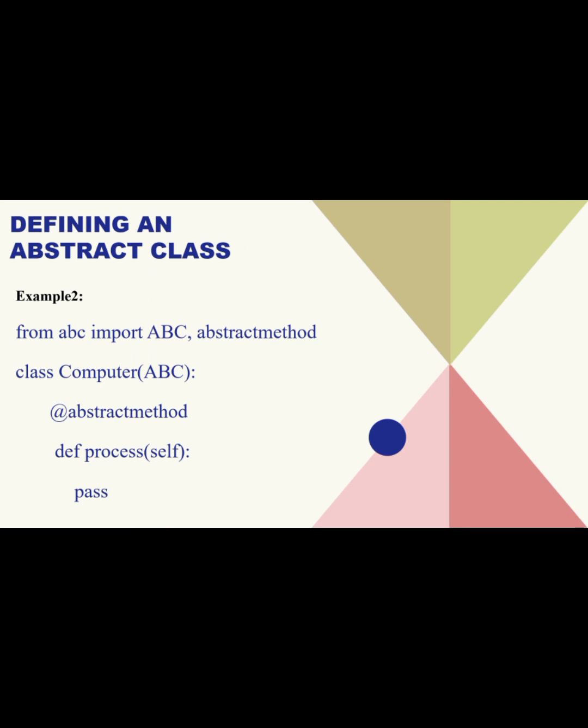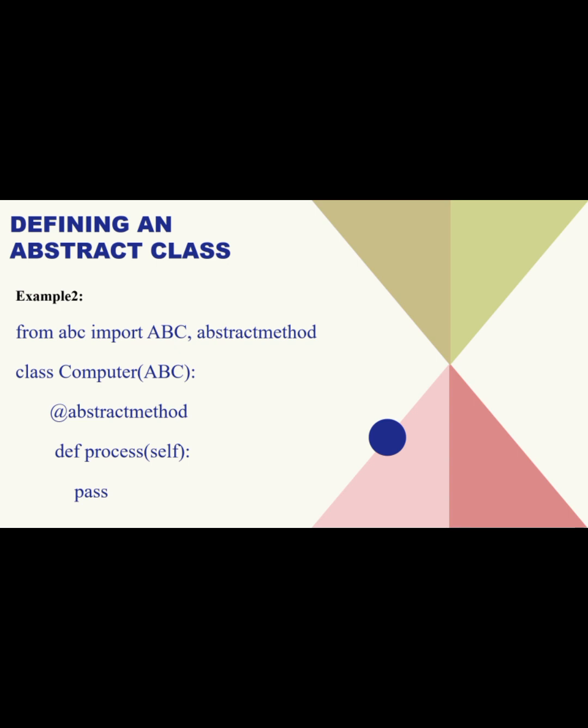We also understand from the above example that a class is called an abstract class if it inherits from the ABC base class, that is, it acquires all the properties of that class. There is a simple note here: an object cannot be created for an abstract class. If we try to create an object for an abstract class, it would result in a type error: can't instantiate abstract class with abstract method.